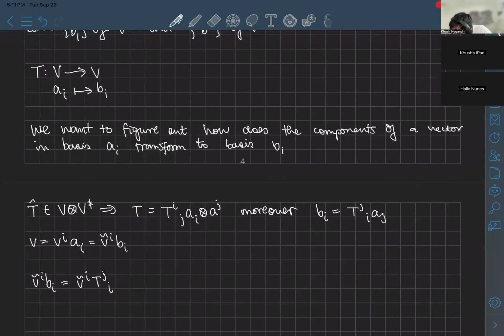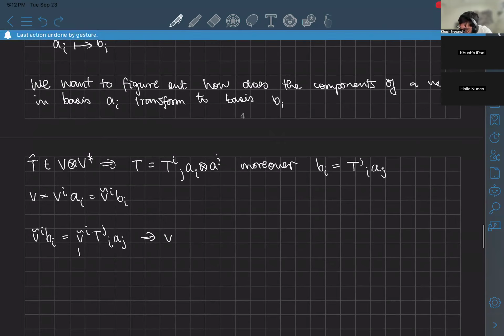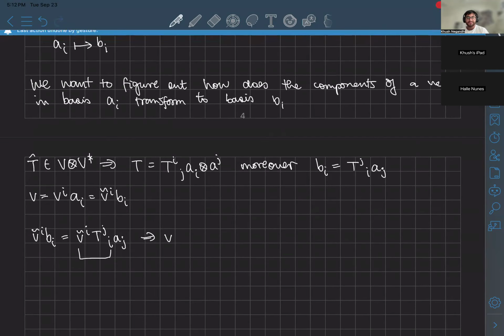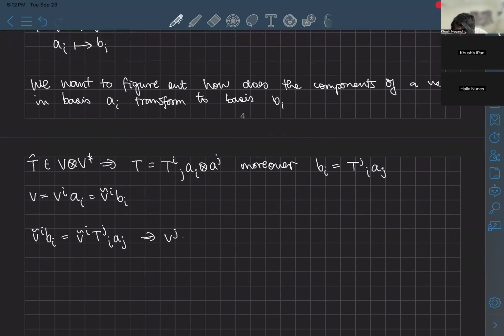But now the coefficients in a basis are unique, so what this tells me is that the corresponding coefficient of A_j is this coefficient over here. So V_j is nothing but V_i T_ji.